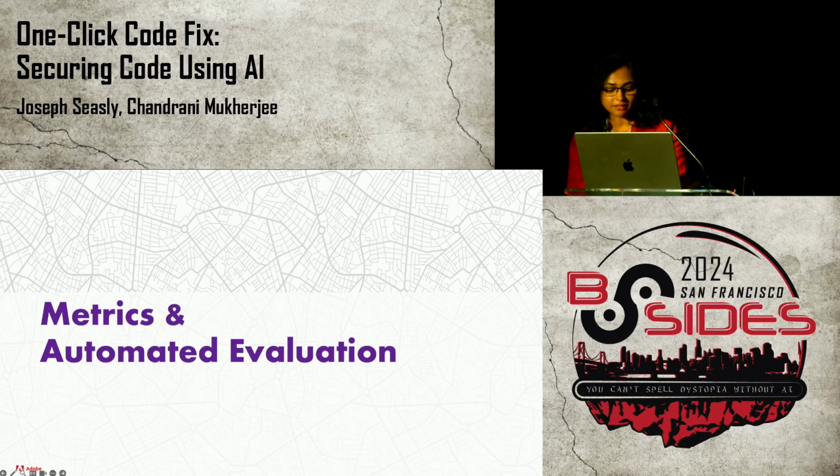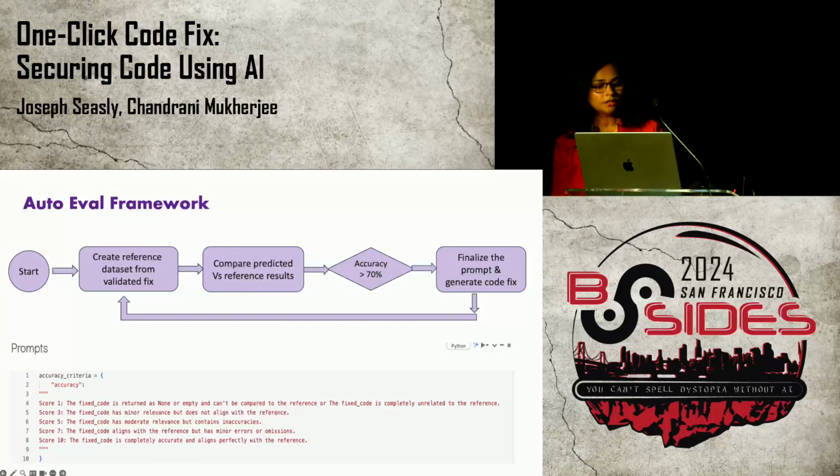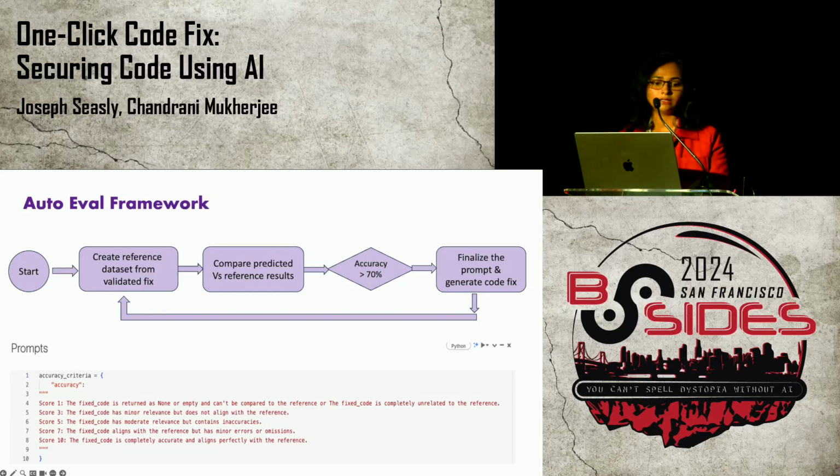That's not acceptable. So what we tried is the auto eval framework. This is something LangChain provides. They have a lot of eval frameworks, eval APIs or functions. The particular one that we used is the scoring evaluator.